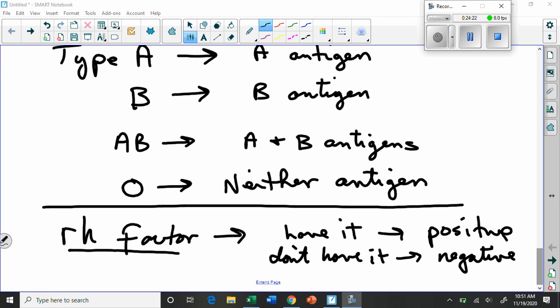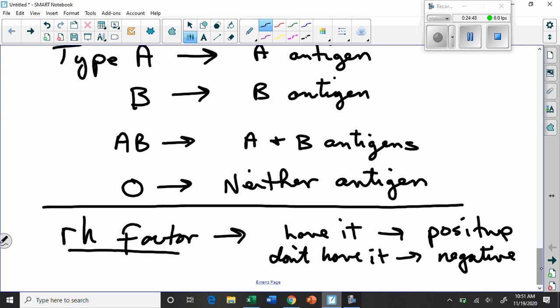So it's very important when we give people blood to match the type so that the antigens are not interfering with each other. Now, it turns out that type O is a little bit lucky because type O has neither antigen. So if you put type O blood in someone's body, there's no antigens in it that are going to interact. So we often call type O people universal blood donors.